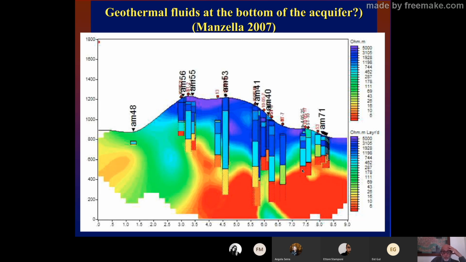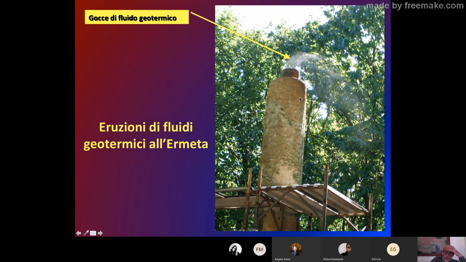Actually, she was able to measure the effect of pollution in the aquifer. Just to show, this is a chimney of one of the mercury mines. In the old days it was just used to bring air, or actually get air out of the mine, so you could have a change of air in the mine.